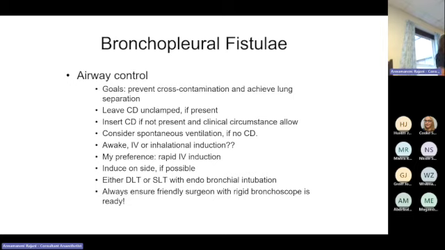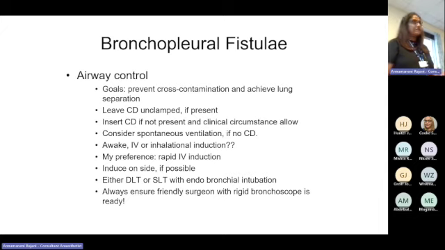You could send them to sleep on the side, and then a quick airway control. You could use either a double lumen tube or a single lumen tube, or a single lumen tube with a blocker. It's either way, really. You could put a single lumen tube, sit the tube above the carina, and pass a blocker which blocks the side that you want to block, and then ventilate the other side.